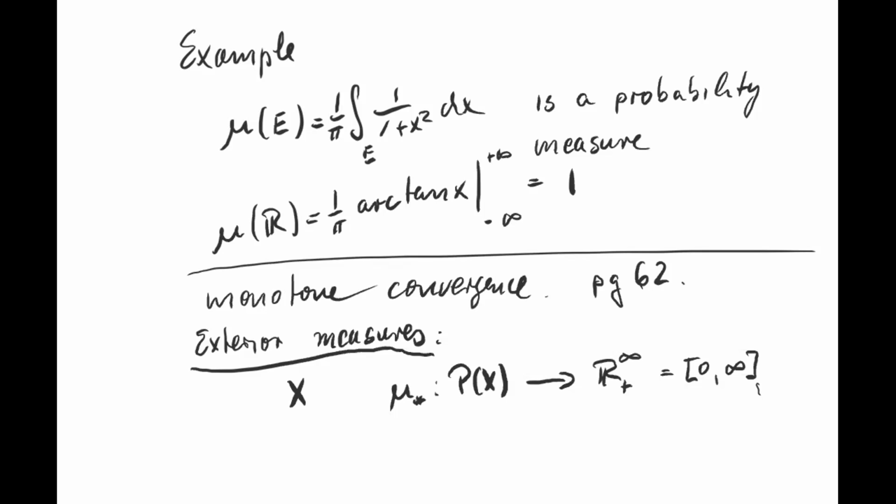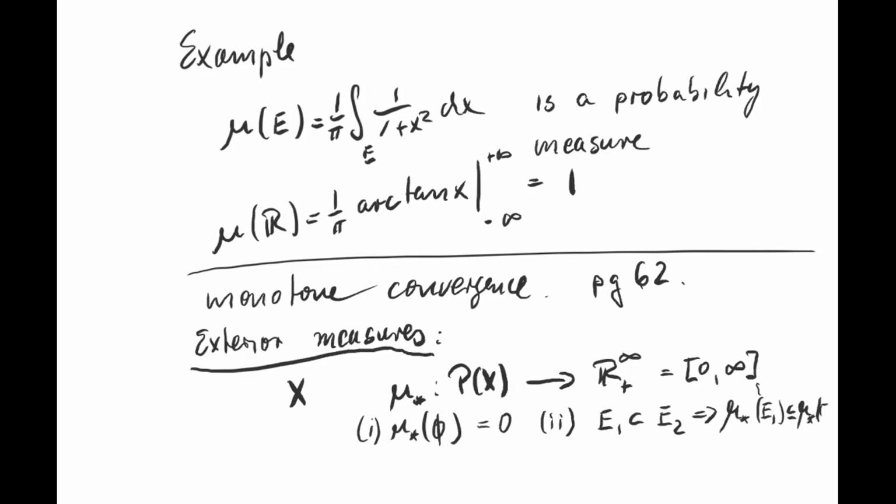And the properties of an exterior measure are that the exterior measure of the empty set is 0. Secondly, it is monotonic. And thirdly, it is sigma sub-additive.